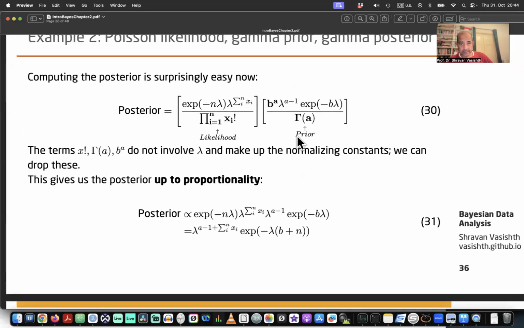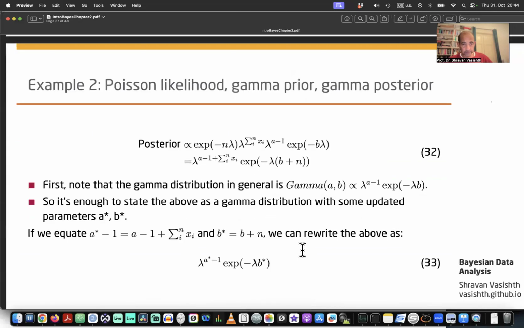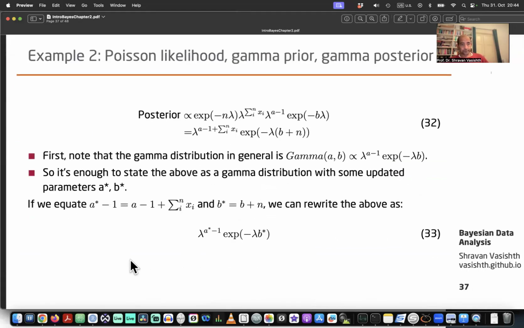So this calculation ends up giving us a posterior distribution, right? What we can do is express the posterior distribution, at least the kernel of the posterior distribution, by saying that A star is going to be sum of x plus a, which is what the a was for the prior, right? And b star is going to be b plus n, right?